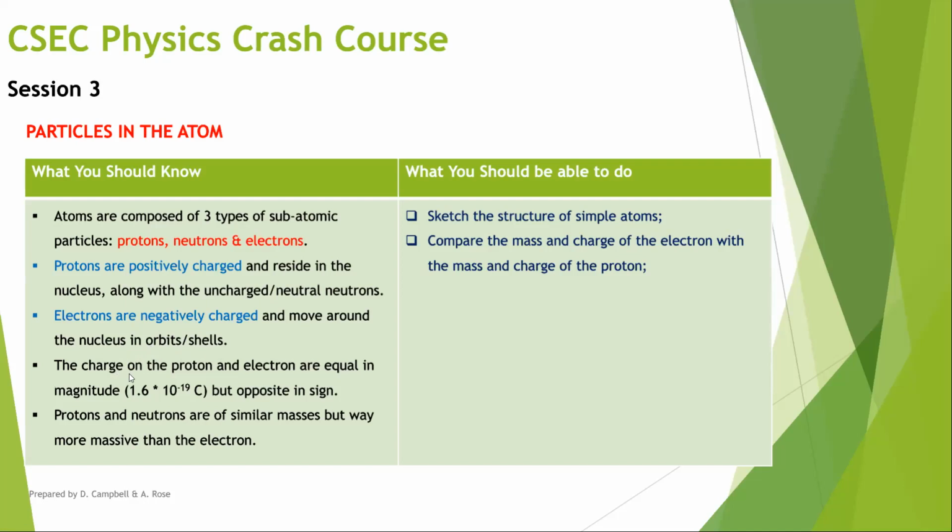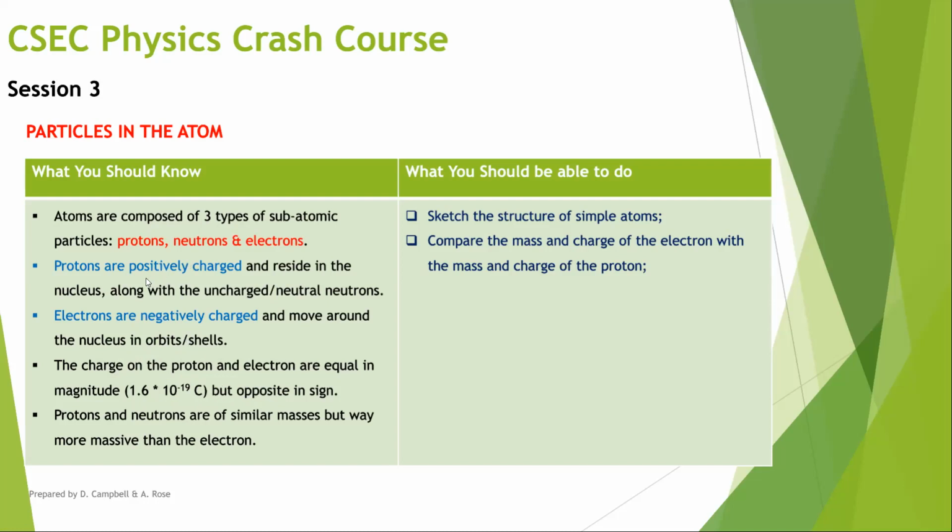Now, the charge on the proton and the charge on the electron are equal in magnitude, which is about 1.6 times 10 to the minus 19 coulombs. But those charges are opposite in sign.